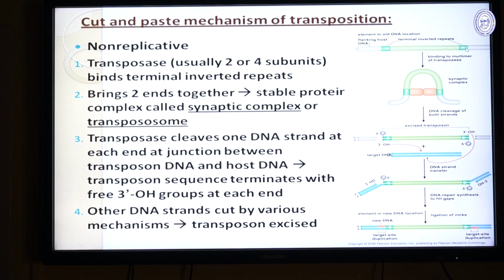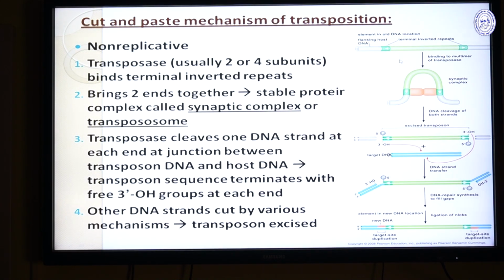This is the typical structure of a transposon, where the central part carries the transposase gene, flanked by two terminal inverted repeats, and you can see the gray colored part, which is the flanking host DNA in which it is present. So this is how the original DNA transposon looks.